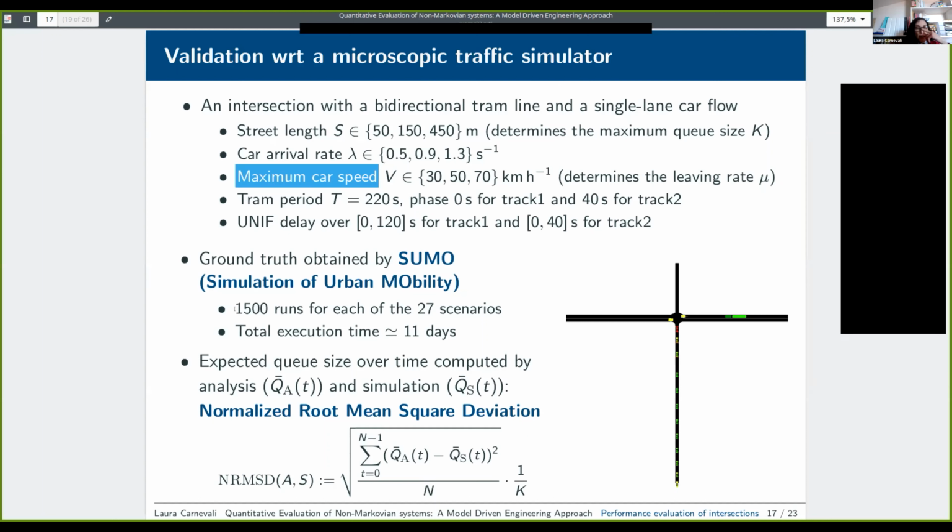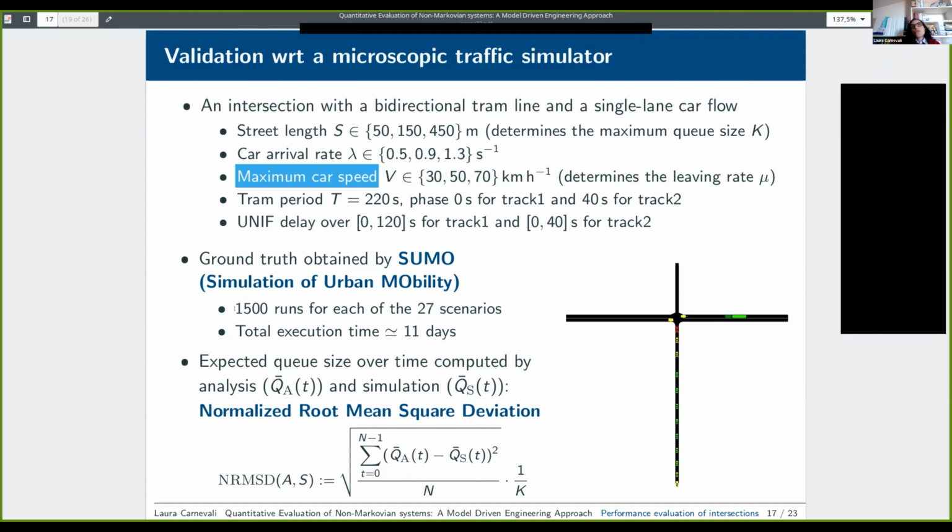We computed the expected number of queued cars, both through our approach and through this ground truth obtained by simulation. And we compared the obtained results using the normalized root mean square deviation. So the root mean square deviation is, I would say, a standard measure to compare quantitative measures.